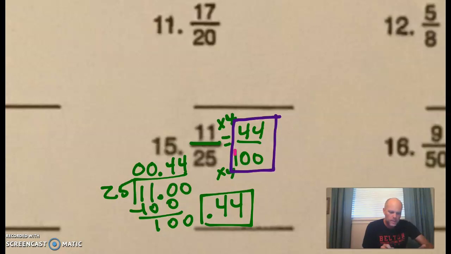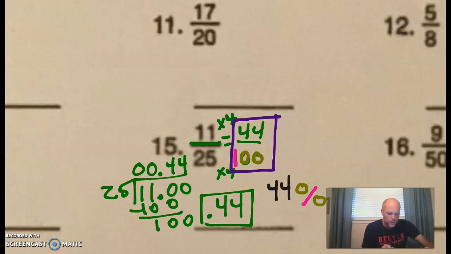A percent sign is made out of a 1, a 0, and a 0. See that? So, anytime your denominator is 100, the percent is just the number on top. Okay? So all we have to do is take our 44, and it's 44%.